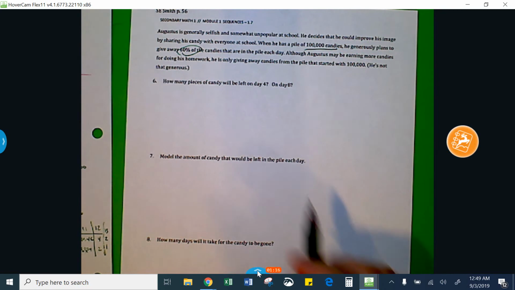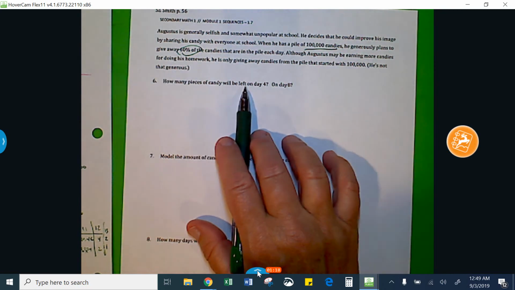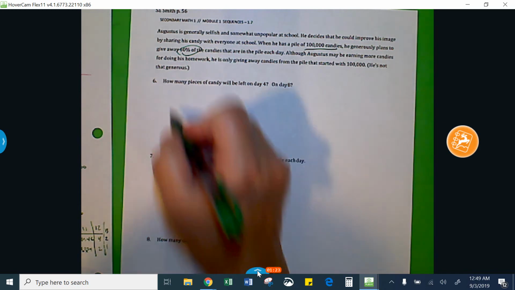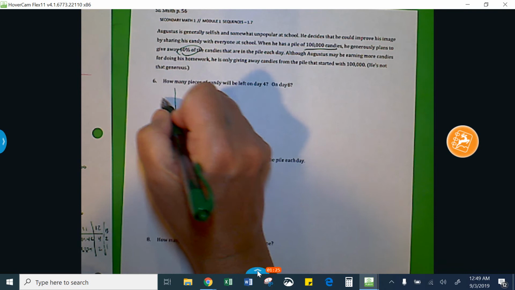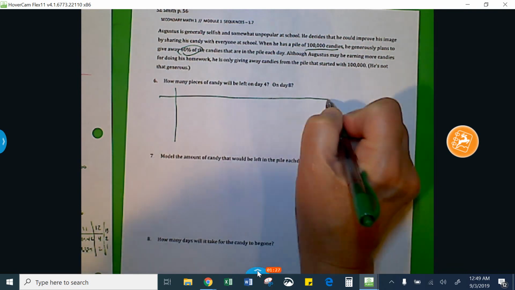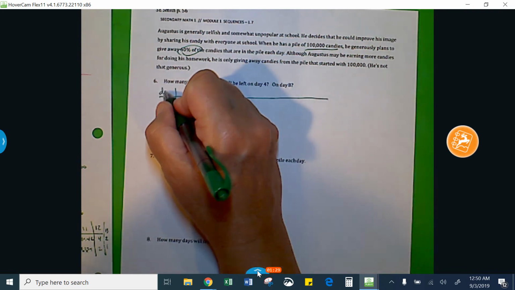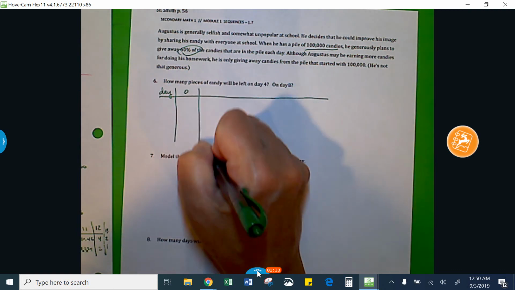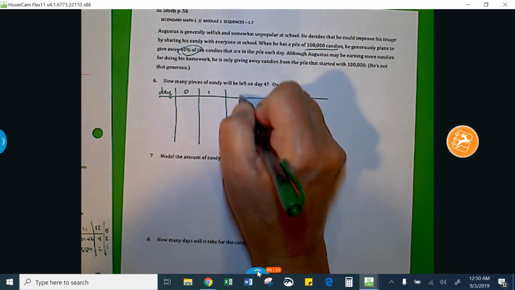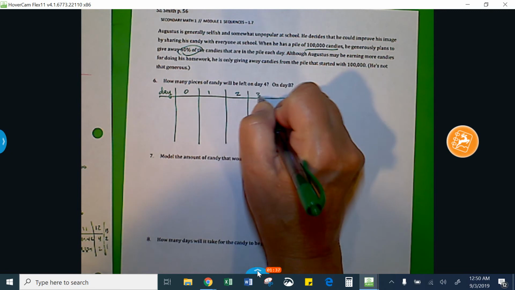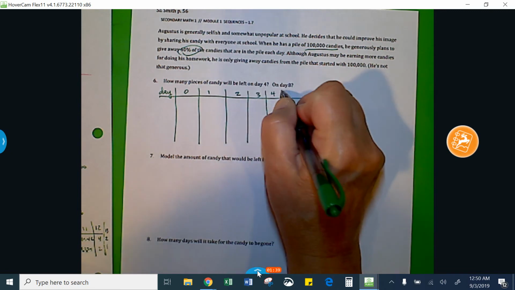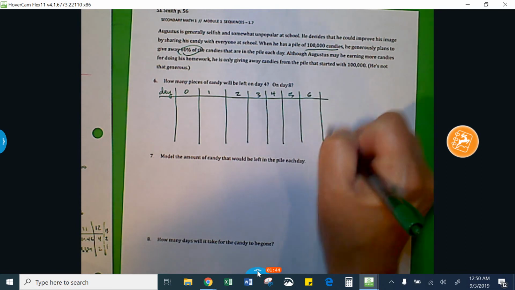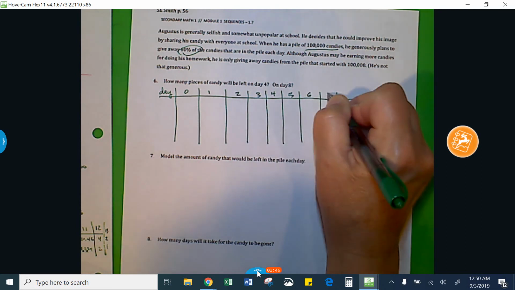So we need to look and see how many pieces of candy are left on day 4 and 8. So I'm going to start a table here, and we'll have day number here: day 0, day 1, day 2, day 3, day 4, 5, 6, 7, 8.